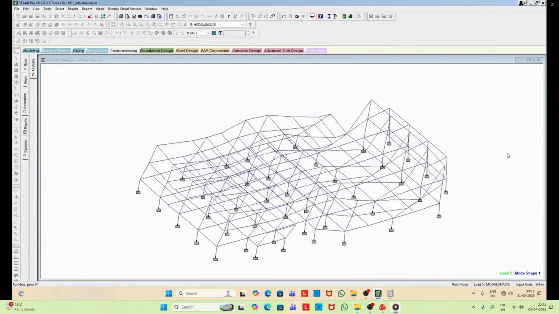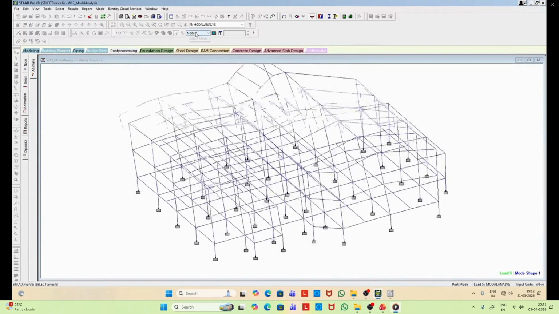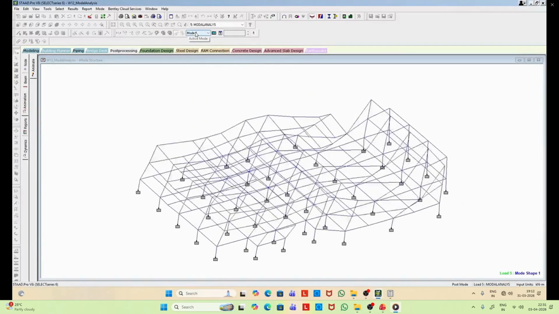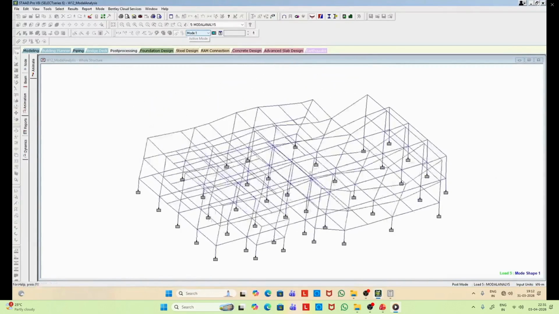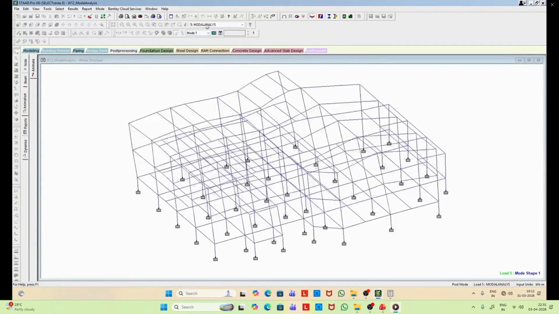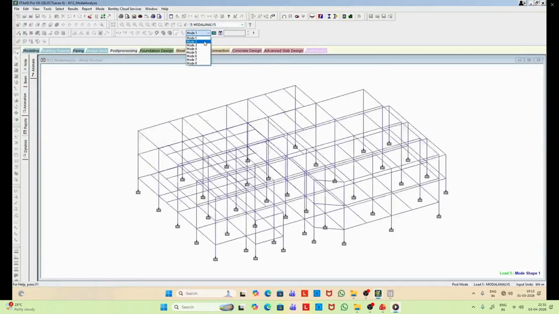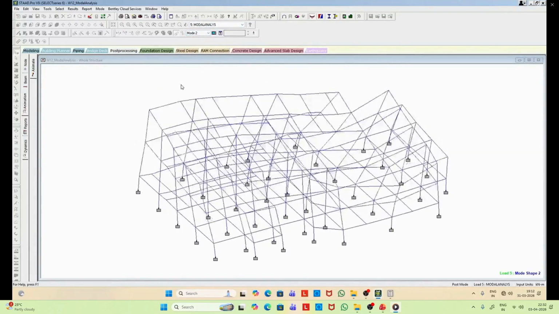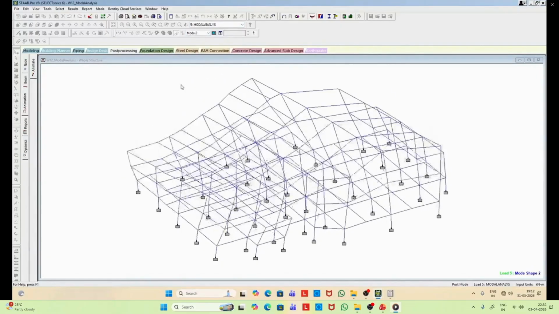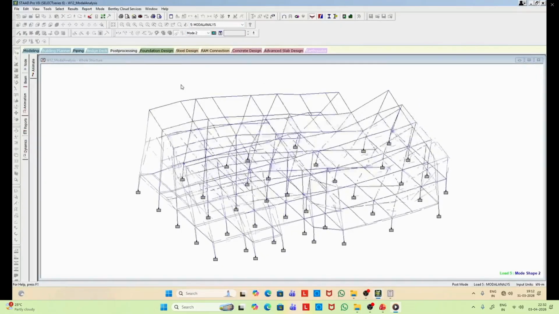So here you can see the mode shape. So it is the first mode shape. So it is a lateral mode. Then you can change the mode here. So if you take the second mode, and here you can see it is a torsional mode. Because of the asymmetry in the structure, we have this mode.